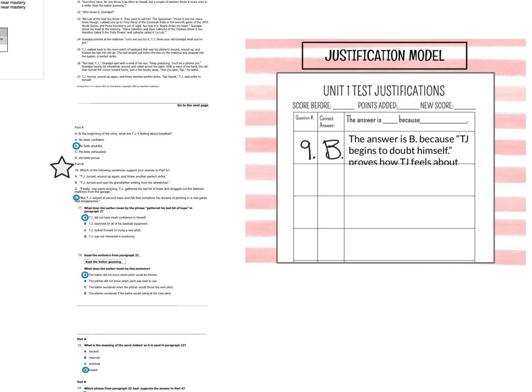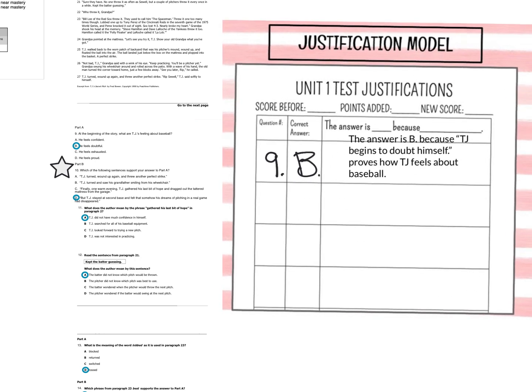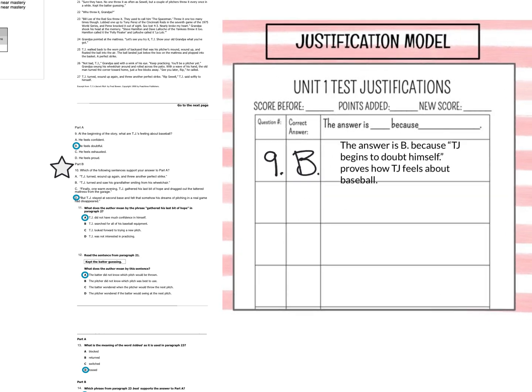So now let's read my entire justification. I'm proving the best answer to number 9, B, that TJ feels doubtful. The answer is B because TJ begins to doubt himself proves how TJ feels about baseball.